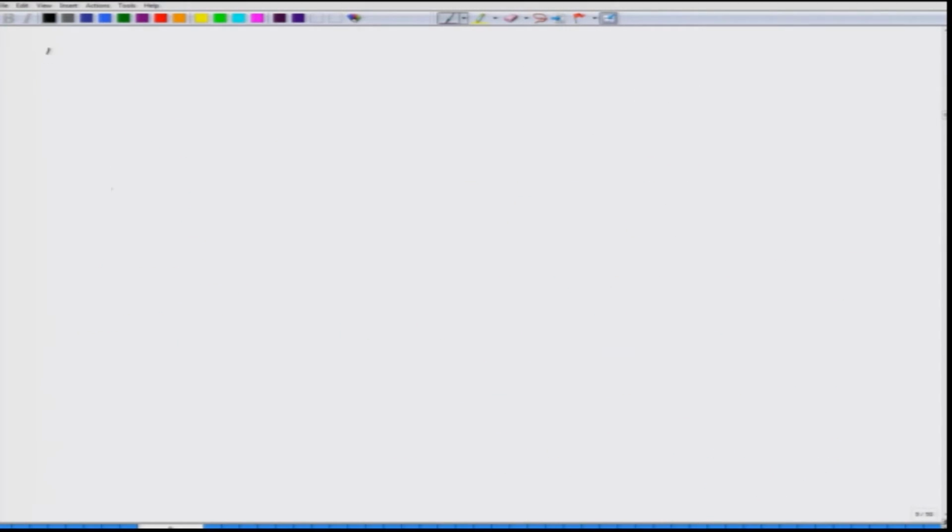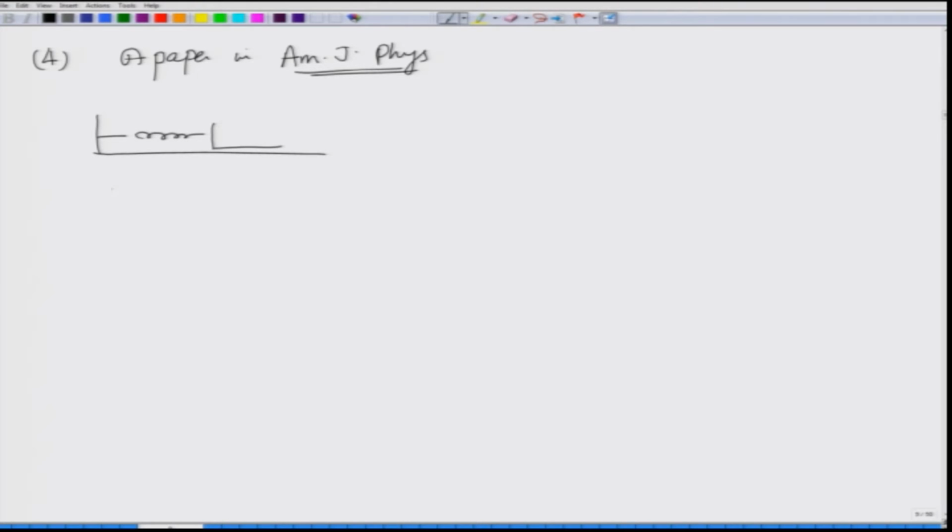Finally, the fourth problem is taken from a paper in American Journal of Physics. It is based on some experiments that were shown there, and the problem is like this. There is a spring block system.